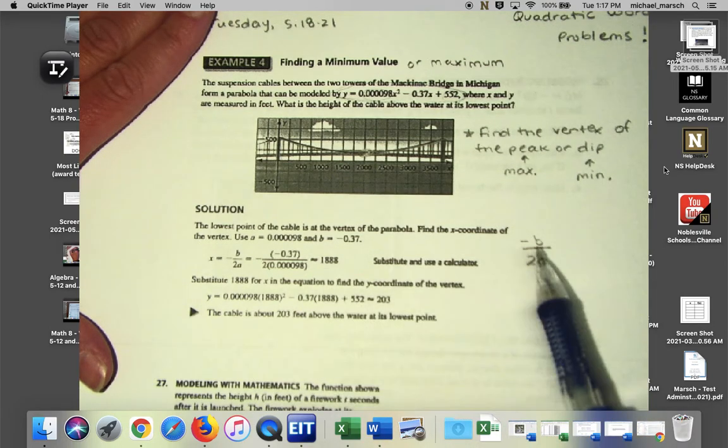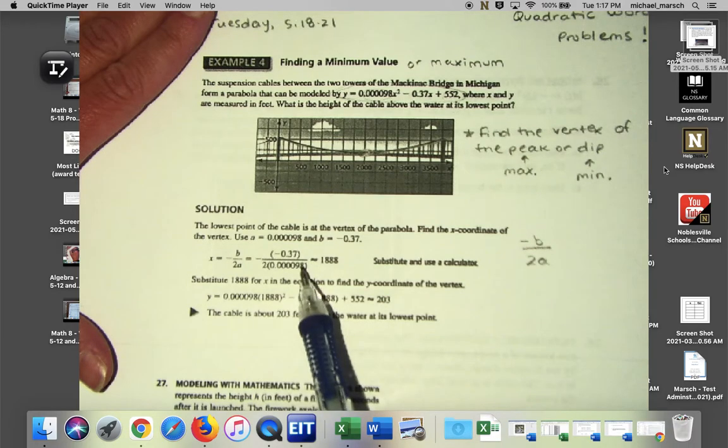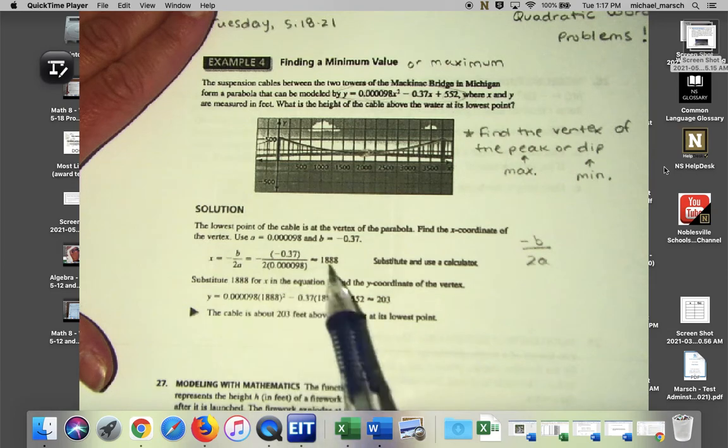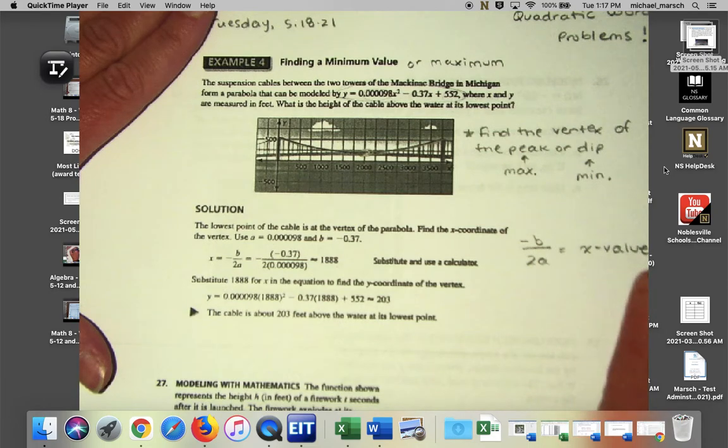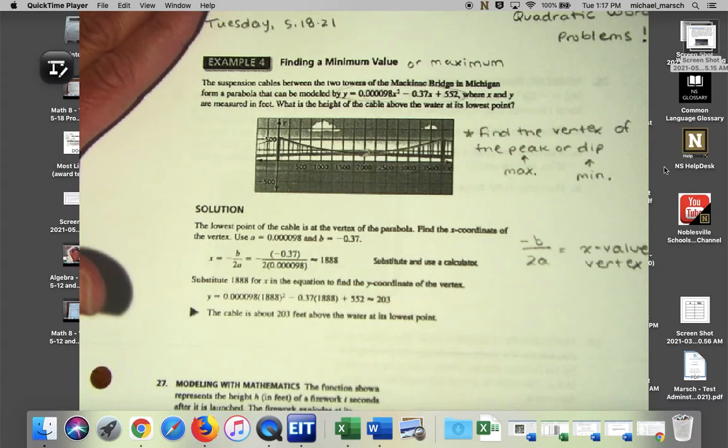So what they did is they put the values in. They took this number, divided it by 2 times this number, and they get 1,888. That right there is the x value of the vertex. And our vertex needs an x and a y.